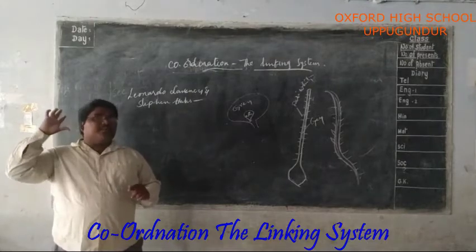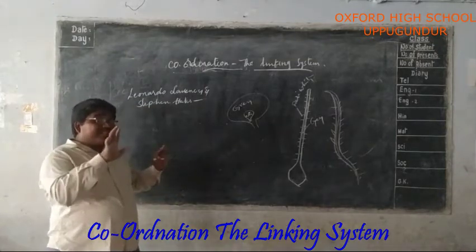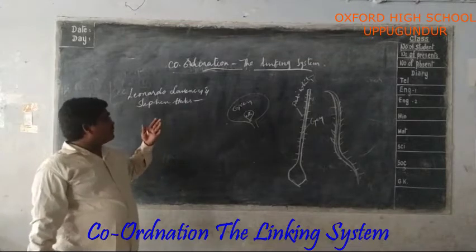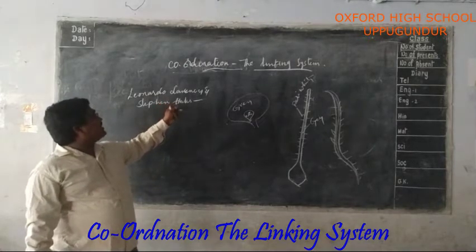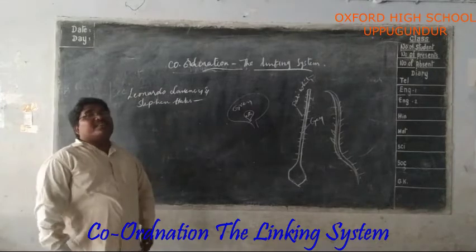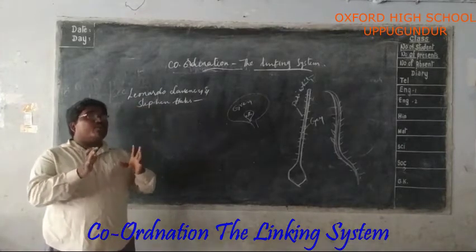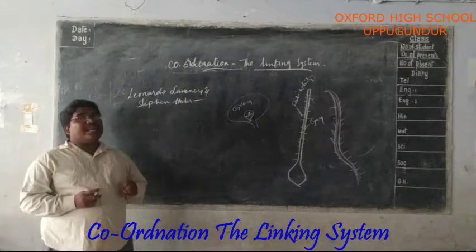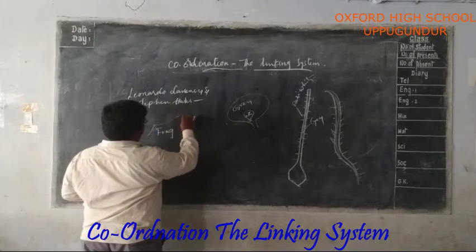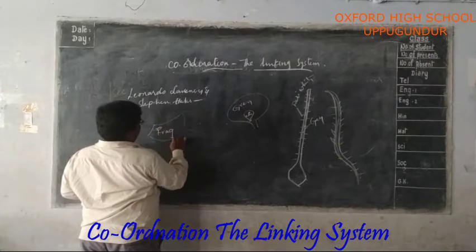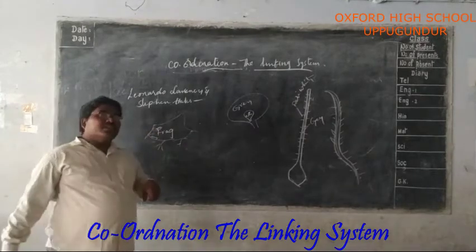Okay, even after centuries, in the 16th and 17th centuries, these two scientists, Leonardo da Vinci and Stephen Hales, showed that the Greeks' concept was erroneous because they performed experiments on a frog whose brain had been destroyed.